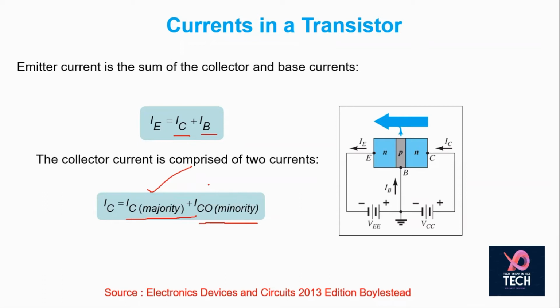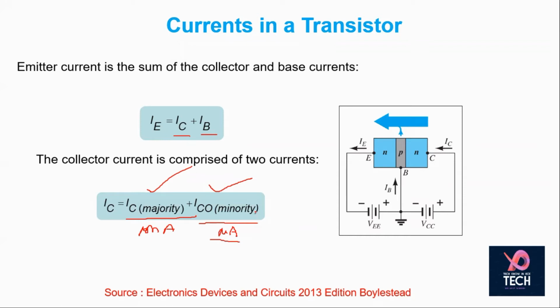But again, I repeat, this current has a very small magnitude compared to this. Your majority current is in milliamperes or sometimes amperes, depending upon the type of transistor, and this is in microamperes, so it is a very small current. Sometimes it can be neglected. In most cases we say IC is equal to alpha times IE, but strictly IC is equal to alpha times IE plus ICO.